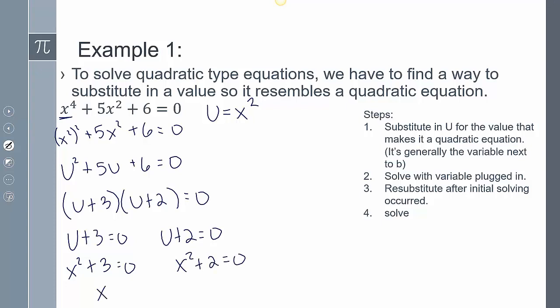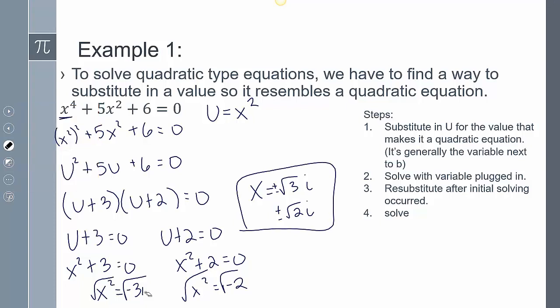And so now I'm going to get x squared equals negative 3, and then x squared equals negative 2. Now if I square root, I'm going to get x equals plus or minus root 3 i, and plus or minus root 2 i.